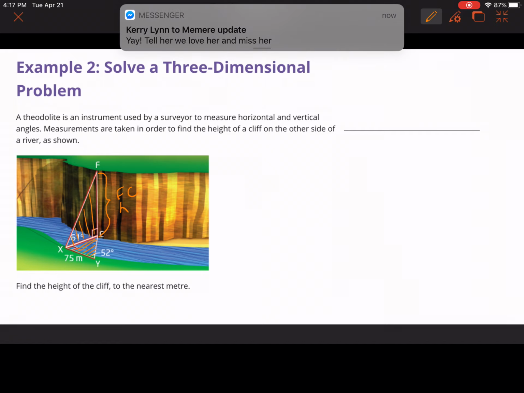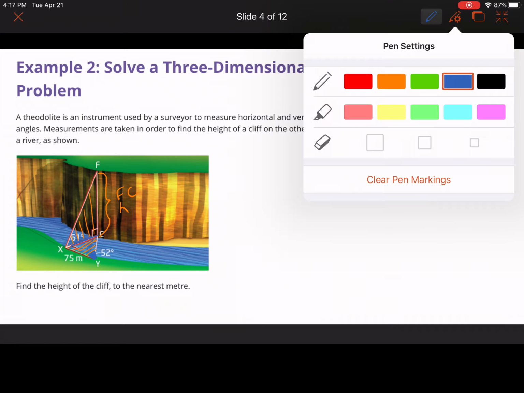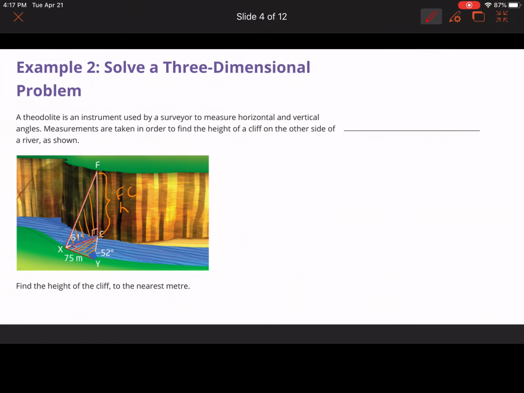So we can use, we've got an angle right here that's 52 degrees. And just as we did in the last homework, we need to find the line that connects the 2 triangles.